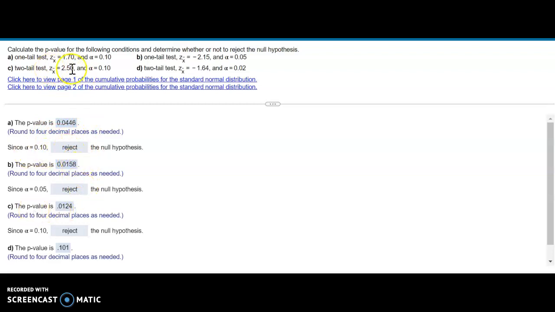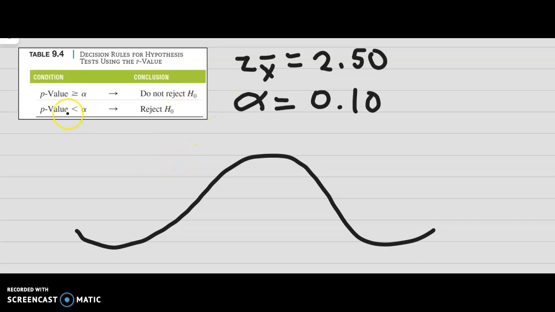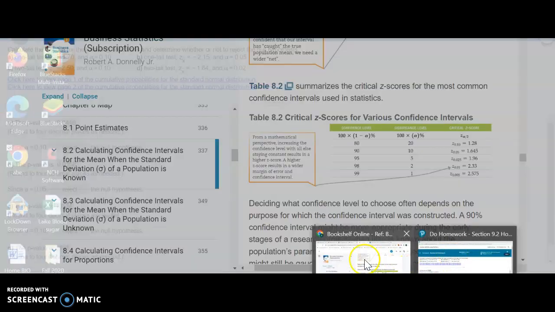Now let's look at a two-tail test. For a two-tail test, we're given the test statistic is 2.50 and alpha is 0.10. Okay, since this is a two-tail test, we're going to have tails on both sides. Now we just need to look up 2.50 on our table.